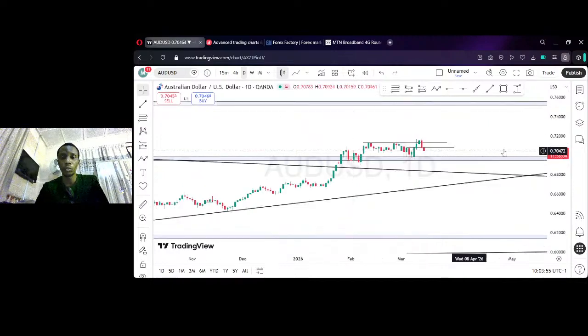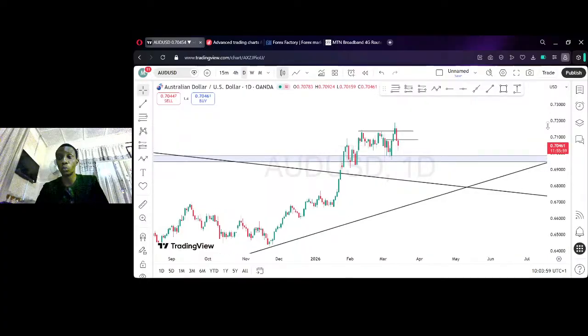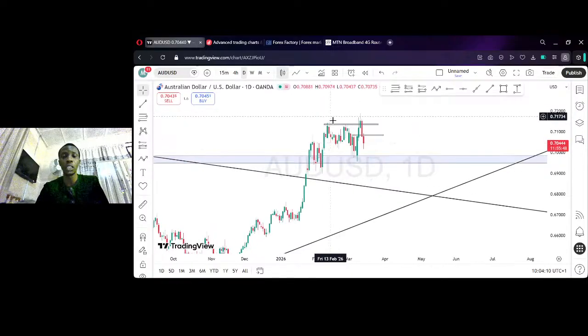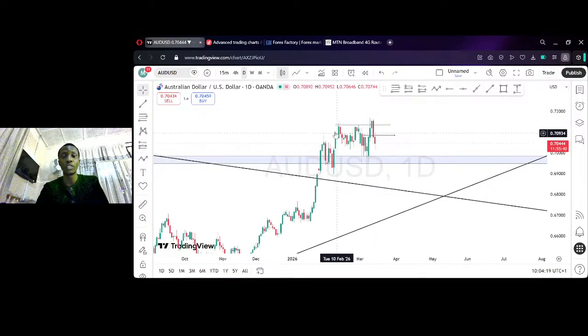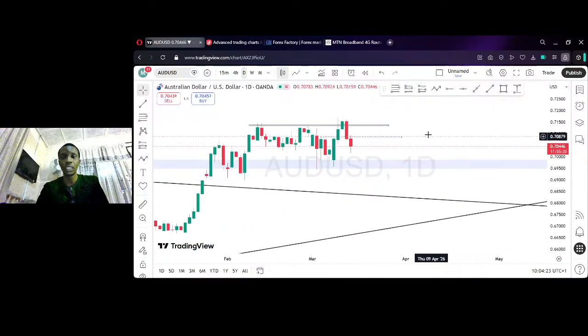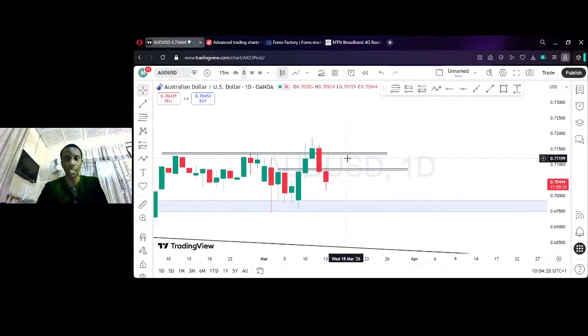Now on the daily time frame, we can see more detail on what we see on the weekly. We have a breakout, a high right here. Price created this high, pulled back to test it again for a second attempt, could not break above it, and pushed back down. It came again for a third attempt, still could not break above it, and pushed back down. Yesterday's daily candle closed with a bearish engulfing candle.